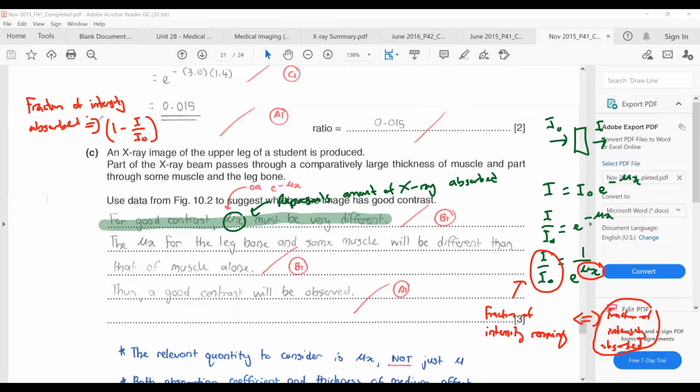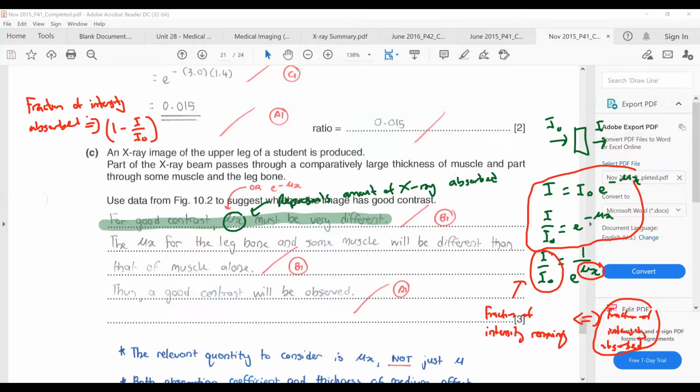Fraction of intensity absorbed would be 1 minus I over I naught. If I over I naught is fraction of intensity remaining, you take 1 minus the fraction of intensity remaining, that one will actually be the fraction of intensity absorbed. You will sometimes need to do this in some of the other questions, right? But what you get from this equation, strictly speaking, is just fraction of intensity remaining. Okay, so that part is okay.